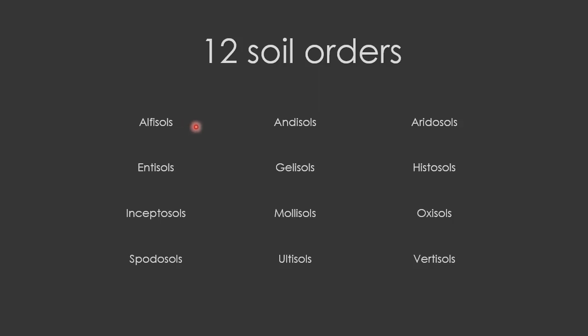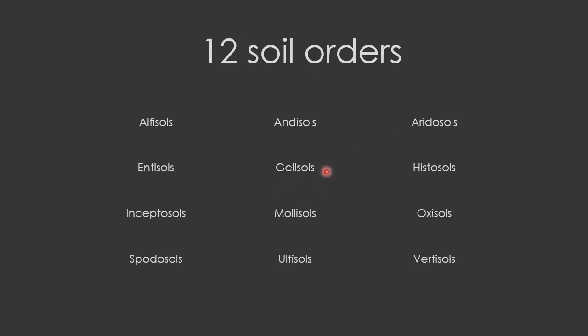And another one is called aridisol. So when we speak of aridisol, that's arid, meaning dry. So that type of soil is found in most desert areas in the world. Here is another type of soil called gelisol.